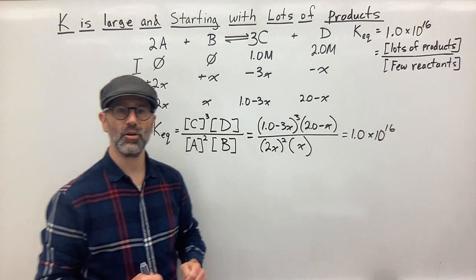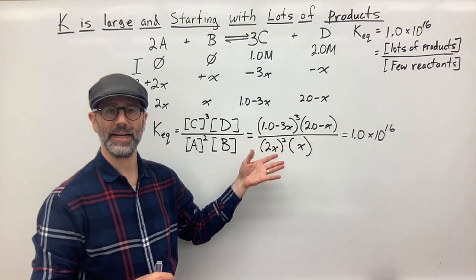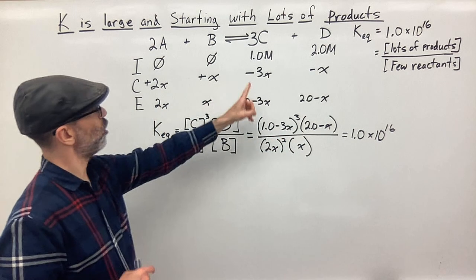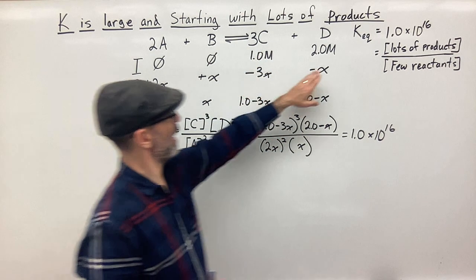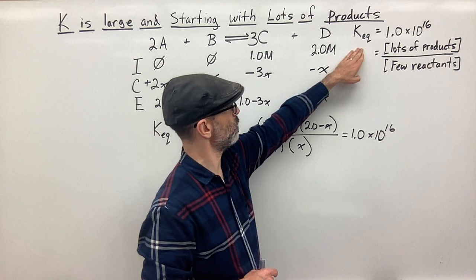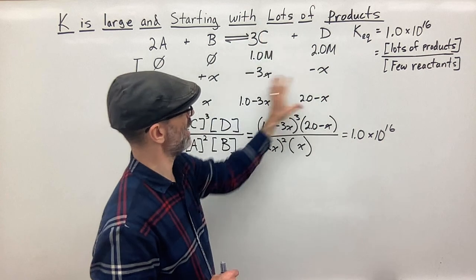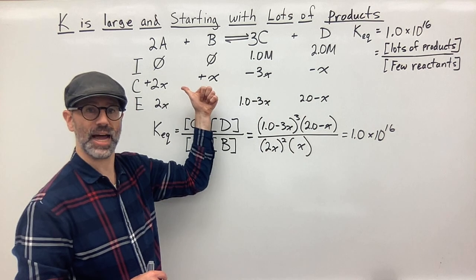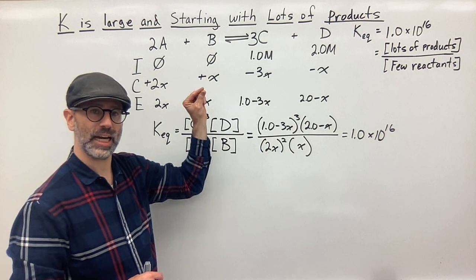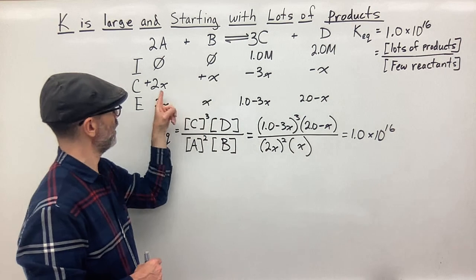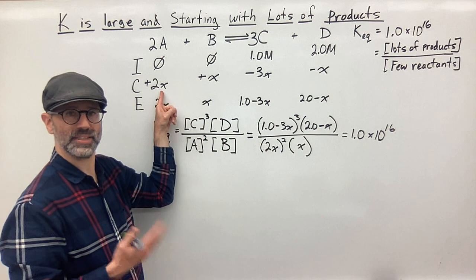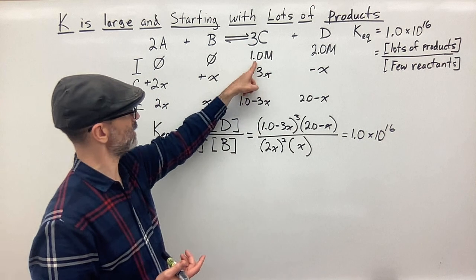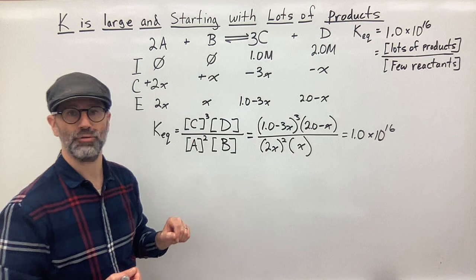Okay, so now I can neglect x. I can do the x is small approximation. Why? Let's go back. So I know that I have a large Keq here, which means that my products are very heavily favored. So it's going to shift away from the favored side. So it's only going to shift a little tiny bit. So that means that I can assume for the time being that this is going to be so small that subtracting it from these is really going to have no effect.